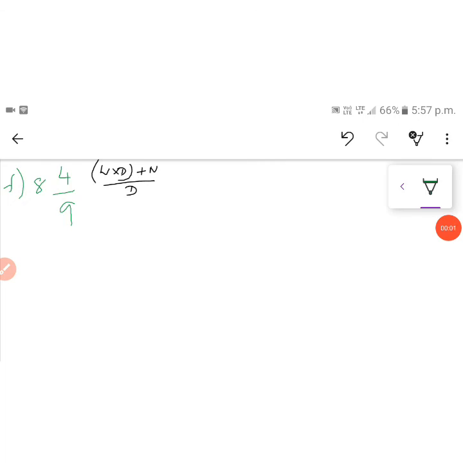F part: 8, 4 by 9. So this is the whole. The numerator is 4. The denominator is 9.